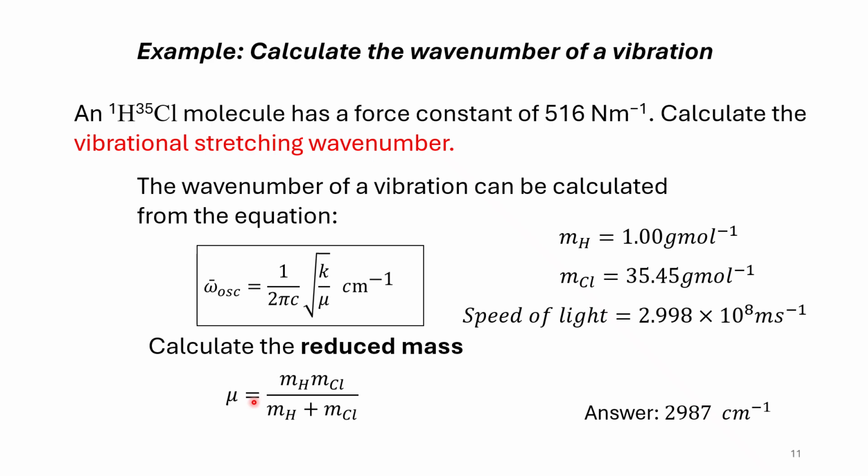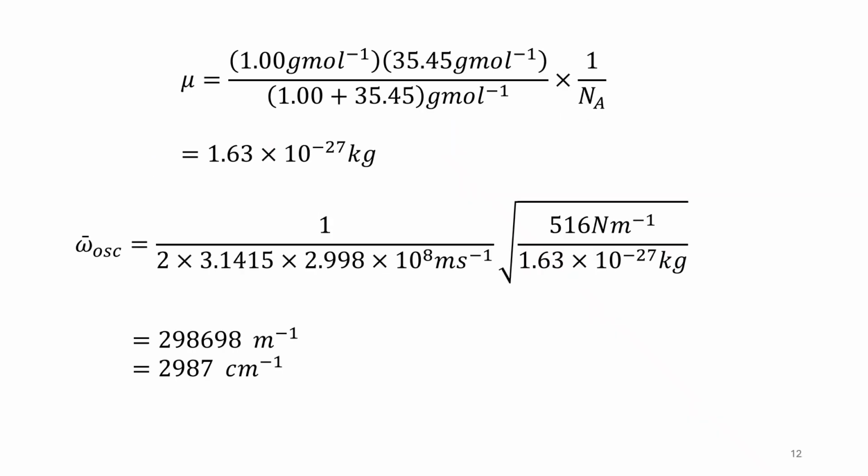The reduced mass is equal to the atomic mass of hydrogen multiplied by the mass of chlorine, divided by the total mass of the HCl molecule. So you have to find this and substitute it into the equation, and then you will be able to look for the vibrational frequency.